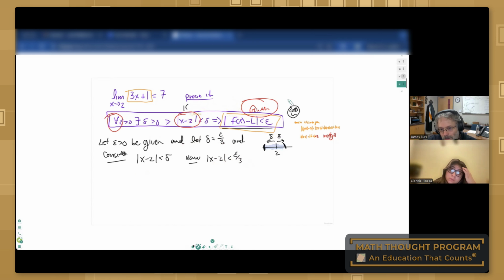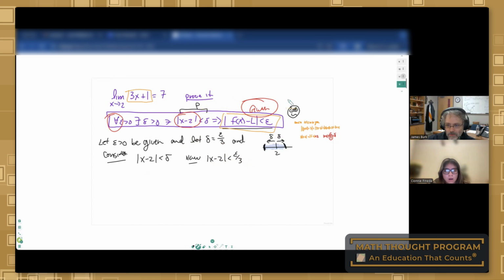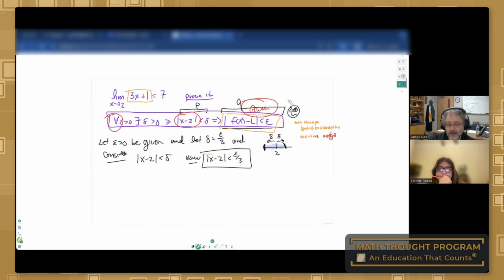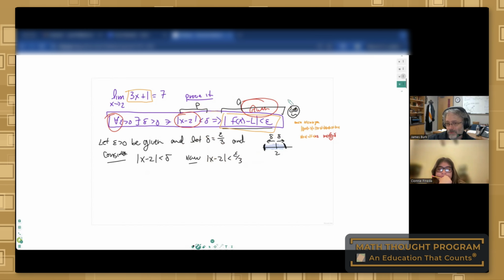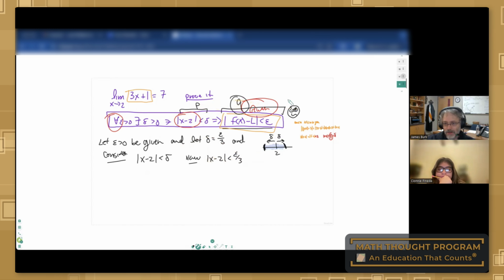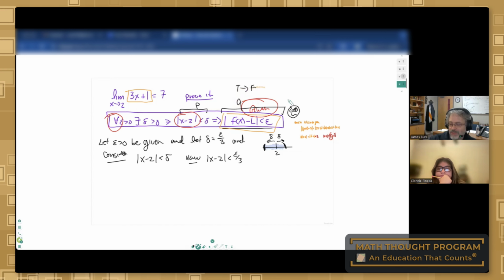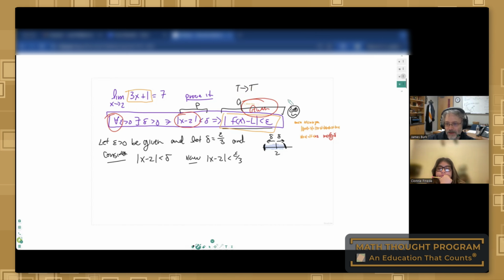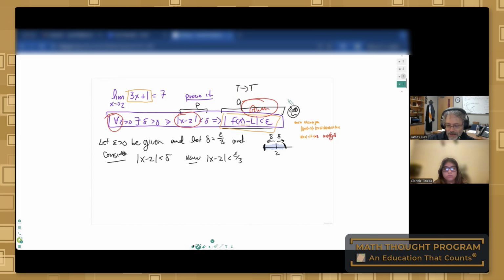When I look at the conditional statement, I have P, I have Q. The premise is true. I'm saying that this is given. And in order for the conditional statement to be true, I need Q to be true, because I can't have true implies falsehood and expect to get a truthful statement out of it. So to get that tautology we're after, I have to make sure that this metric, f minus L, is less than epsilon. That's the goal.